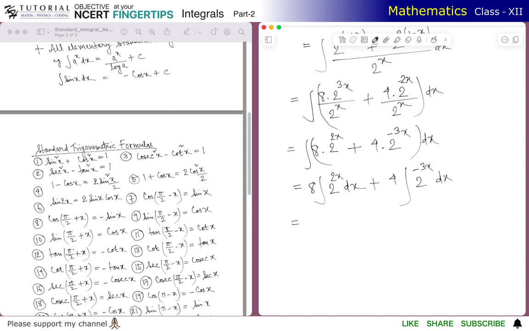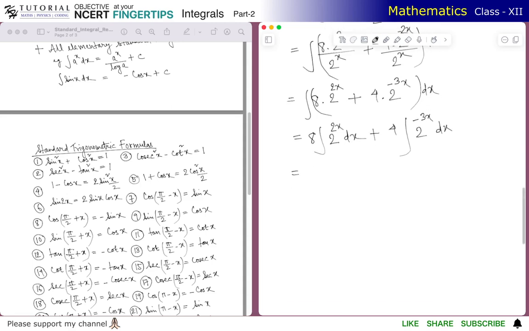Now we can use the standard result for the integral of 2 to the power x. What is the integral of 2 to the power x? This is 2 to the power x divided by log e 2.